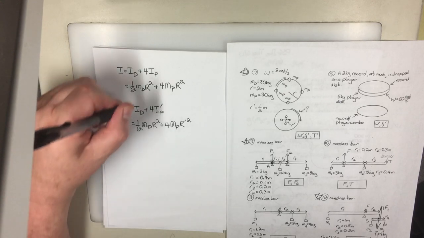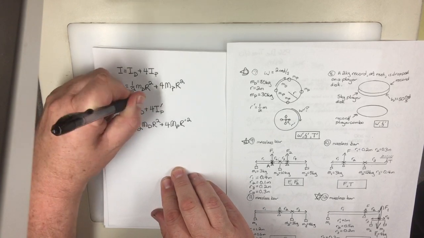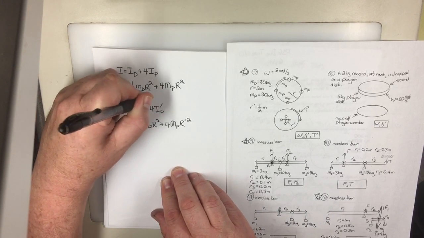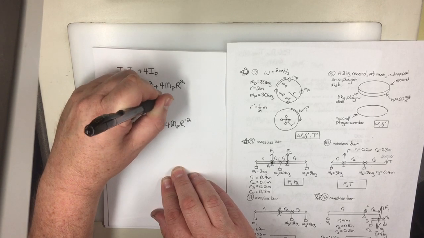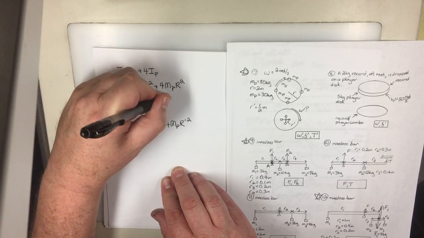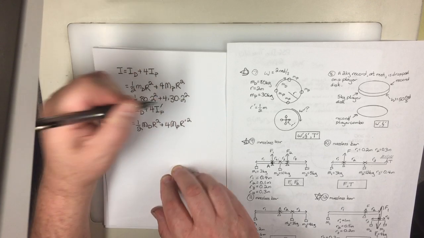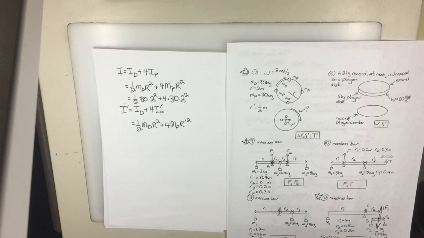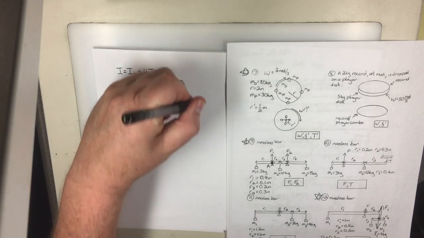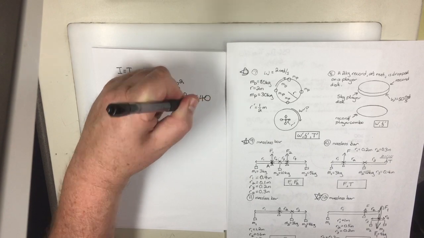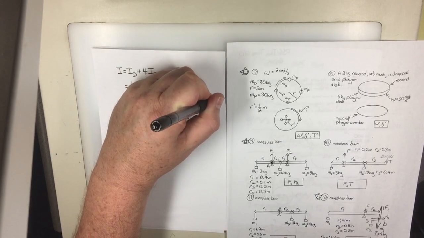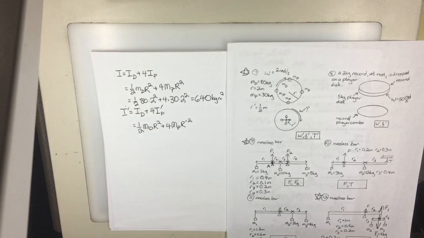Let's just get numerical values. 1/2 80 2 squared plus 4 30 times 2 squared. So this is 640 kilograms meters squared exact.